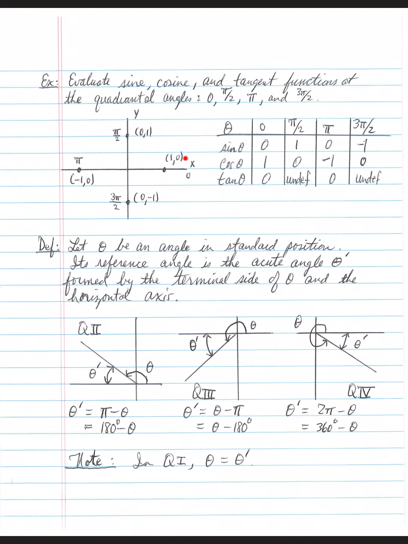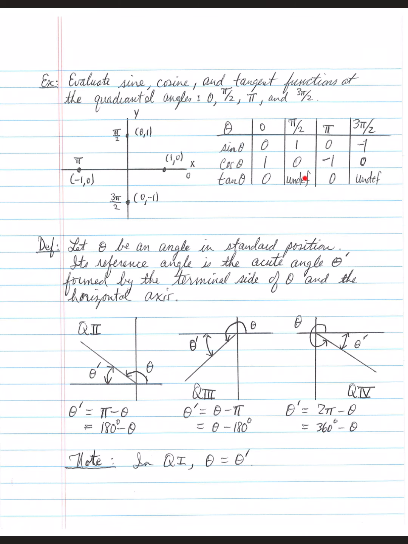Sine is y over r, so 0 over 1, that's 0. I'm going to randomly pick cosine of 3 pi over 2. Well, the r value is still 1 in every case because it's 1 unit from the point to the origin. Cosine is your x over r, 0 over 1. And if we do that for 3 pi over 2, x over r equals 0.